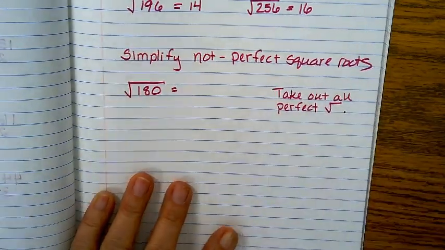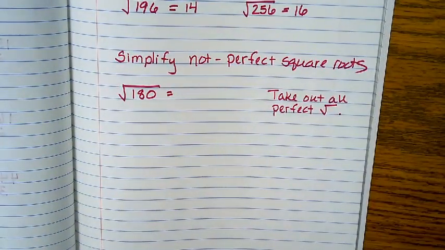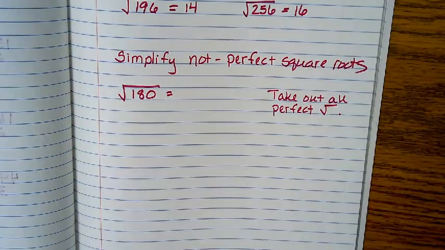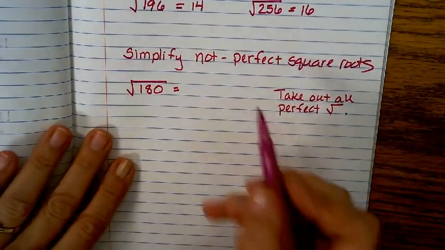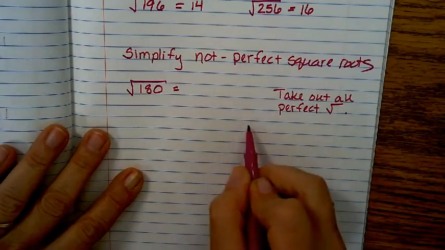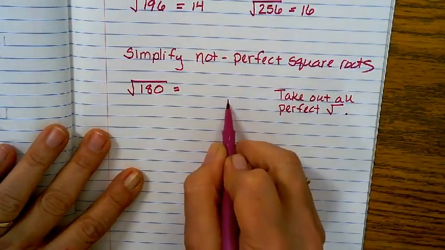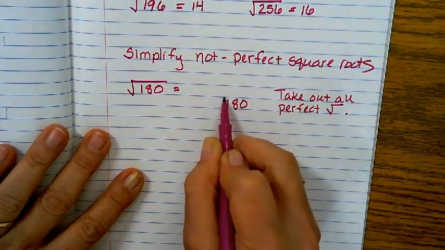The way we're going to do that is, first of all, prime factor it using our factor ladder. So take 180 and let's prime factor this using that factor ladder.